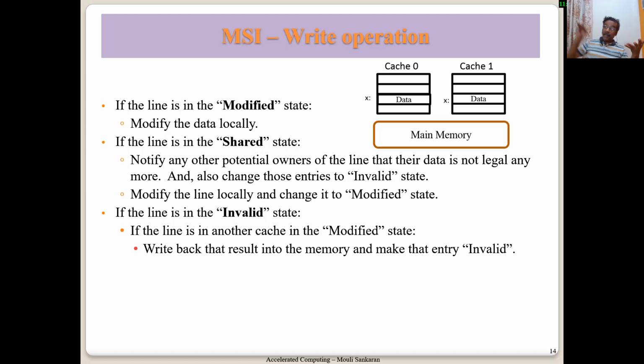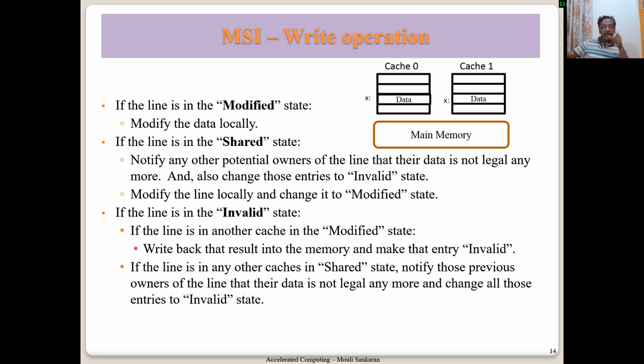Do it and make that entry invalid, because you are going to give this block to the other core for the write purpose. That core is going to keep it in modified state. Two cores cannot have the same block of data in modified state, only one. So the core which had it is made invalid, and you give it to this core in modified state.